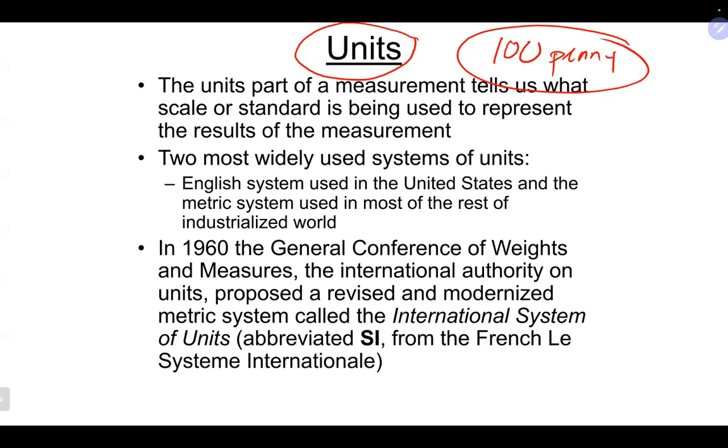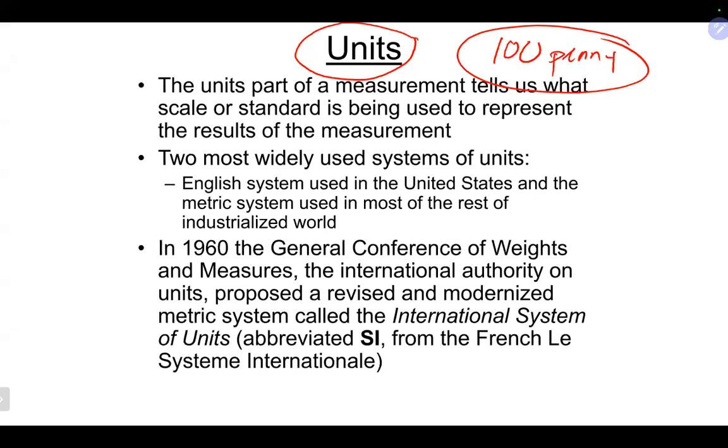When we talk about units, there really are a couple of different types of units that we come across. Pretty much, we use the English system, and pretty much everybody else uses the metric system. And that obviously could create a lot of problems, especially when the world got smaller in terms of everybody doing business with each other.